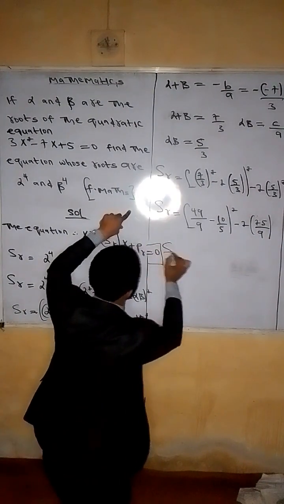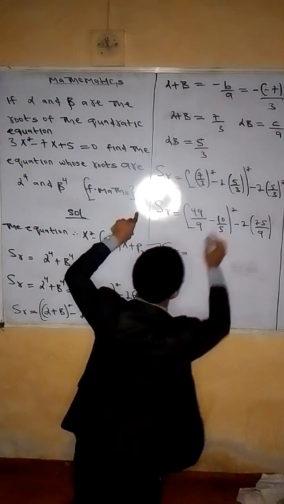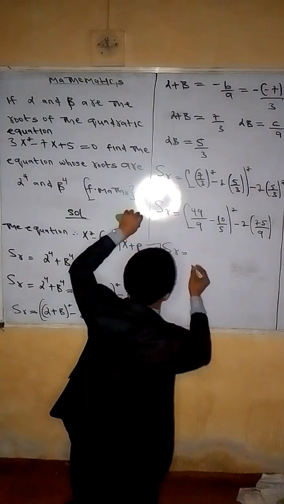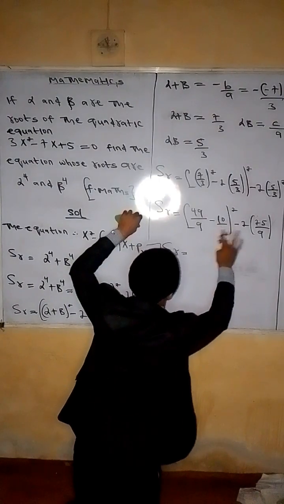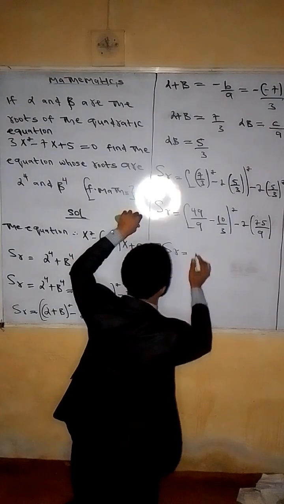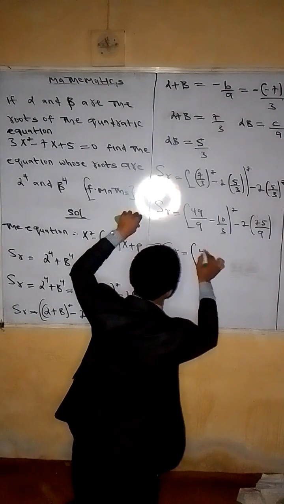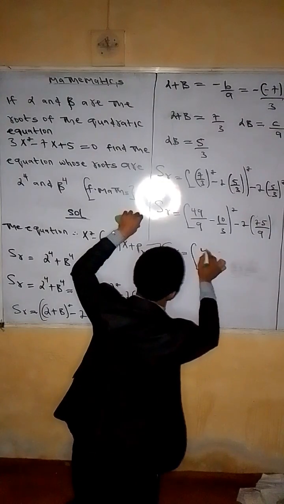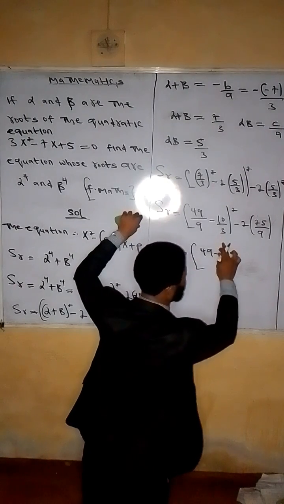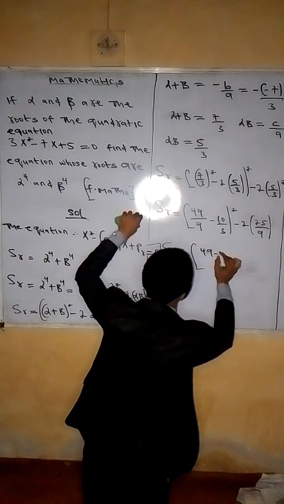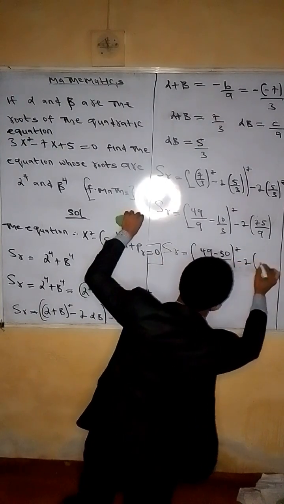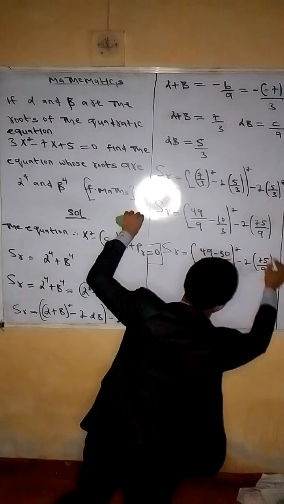So the sum of the roots, let's quickly simplify this using the LCM. 10 over what? 3, please pardon me. The LCM of 9 and 3 is 9. So we now have 49 minus, 9 divided by 3 is 3, 3 times 10 is 30, all over 9, all squared, minus 25 over 9.